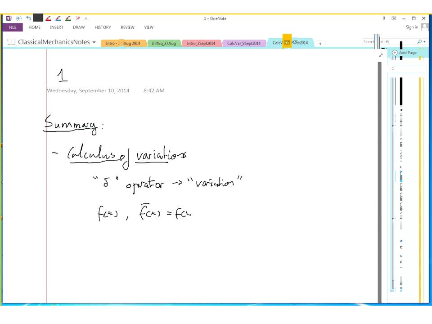Don't understand why it keeps changing to a cursor. So f of x we call the unvaried function. F bar of x is f of x plus some small number times a new function.